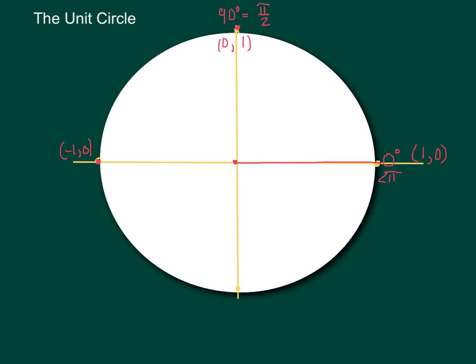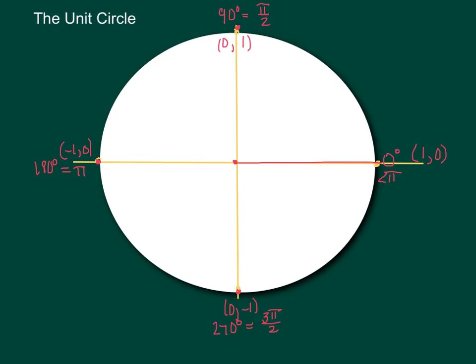This is (-1, 0), which is 180 degrees, and that is 1 pi. If you go 90 degrees more, this will put you at this point, which is (0, -1). That's 270 degrees, which is 3 pi over 2 units.